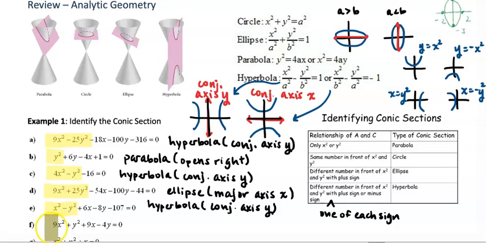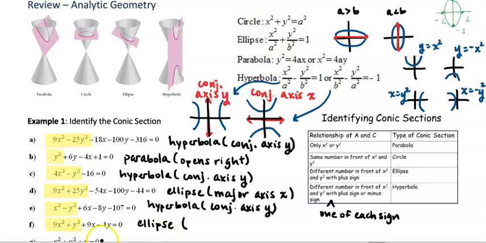F, 9x squared plus y squared plus 9x minus 4y equals 0. I'm looking at this 9x squared plus y squared. I've got different coefficients in front of the x and y, and I've got a plus sign between them, which brings me to an ellipse.